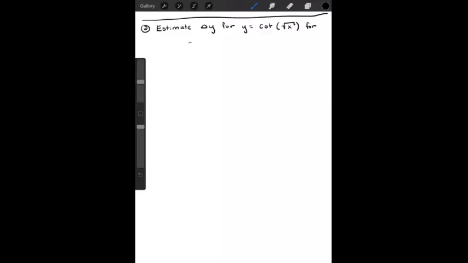And we're going to do it for a equals pi squared over 16, and delta x equals 0.01. Right. So, what do we need to do first?